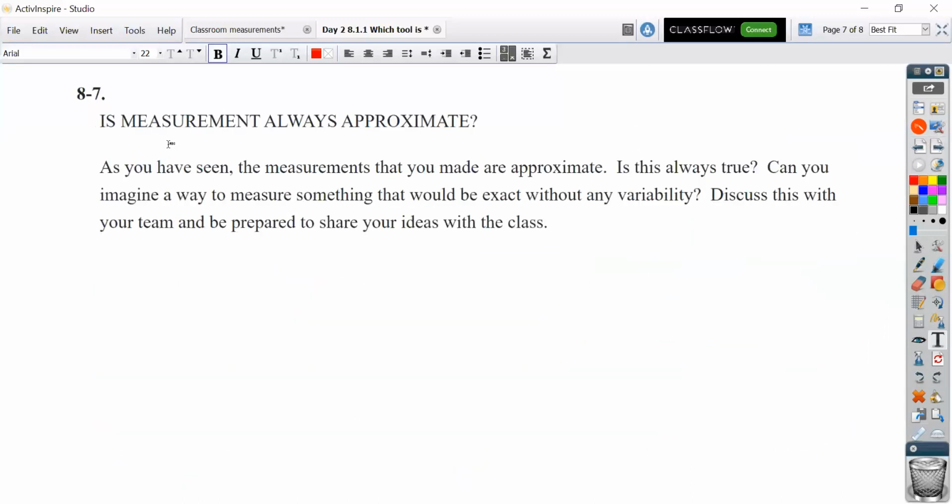Let's go on to 8.7. Is measurement always approximate? As you've seen, the measurements that you made are approximate. Is this always true? Can you imagine a way to measure something that would be exact without any variability? Discuss this with your team and be prepared to share your ideas with the class.